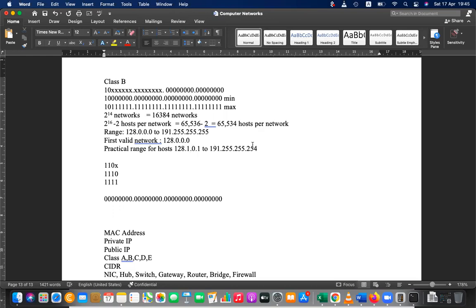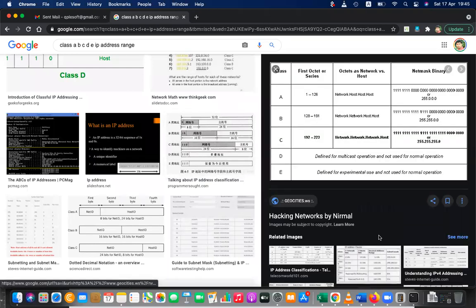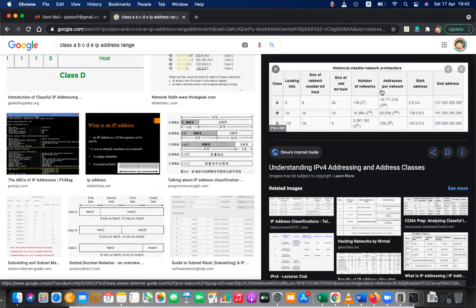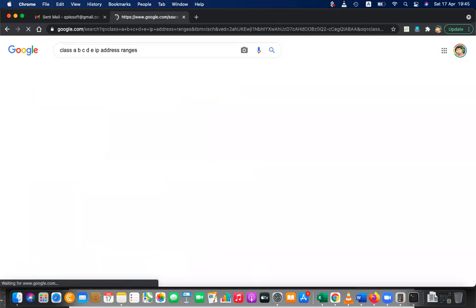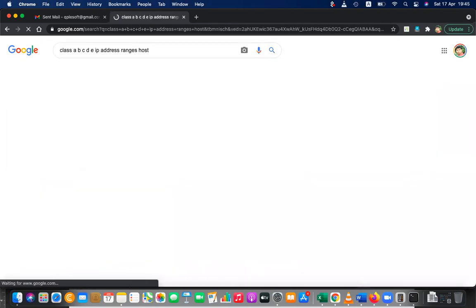Then the practical range for hosts can be taken either from 0 or from 1. It's okay to take from 1 according to these ranges.